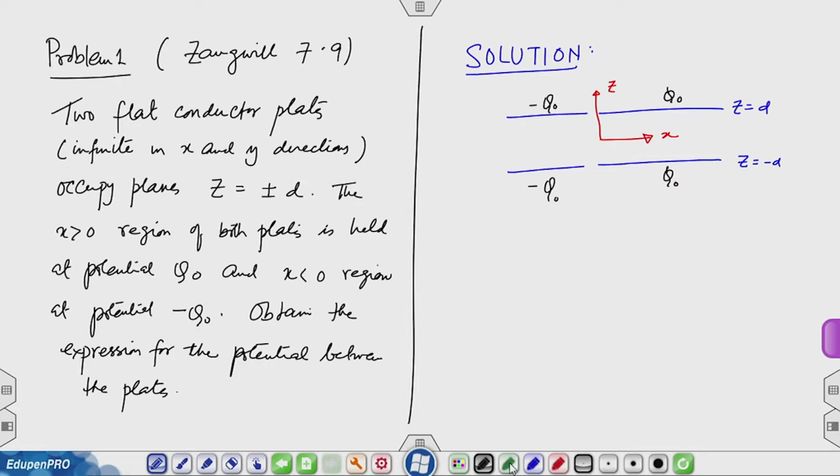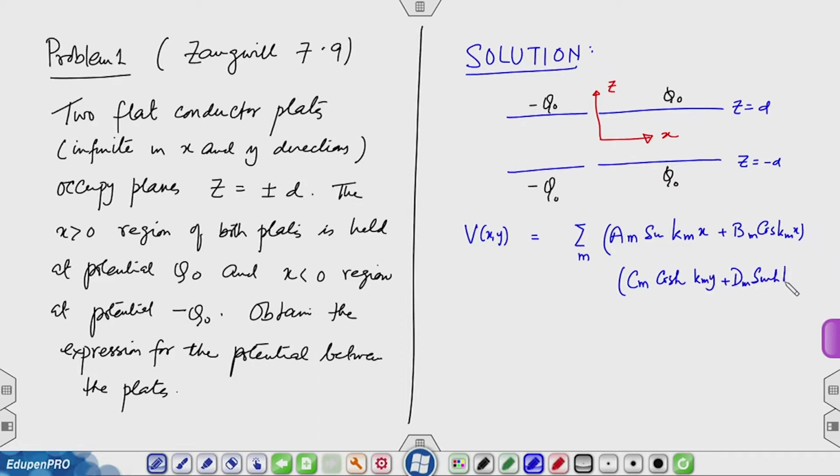If you recall the solution, we had written that V x y can be written as summation over m of a m sine k m x plus b m cosine k m x, times the function I am going to write, c m cos hyperbolic k m y plus d m sine hyperbolic k m y. That's one way of writing the solution.